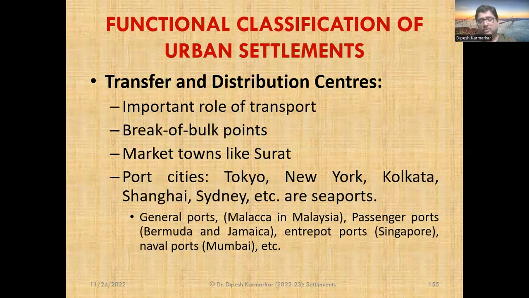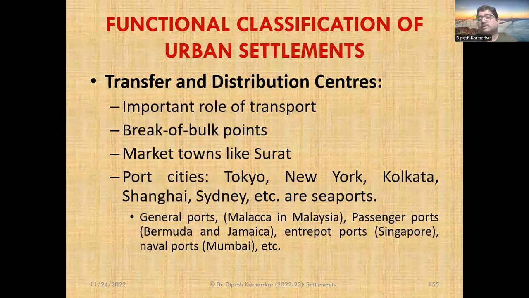So from road transport, you take a ferry and again continue your travel in road transport. There are activities such as loading and unloading of the commodities that need to be done at such break of bulk points. Market towns are very typical transfer and distribution centers.